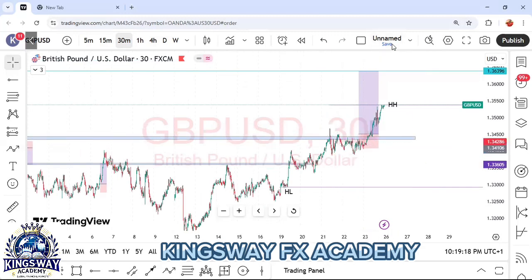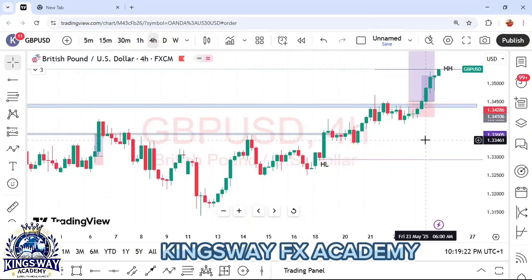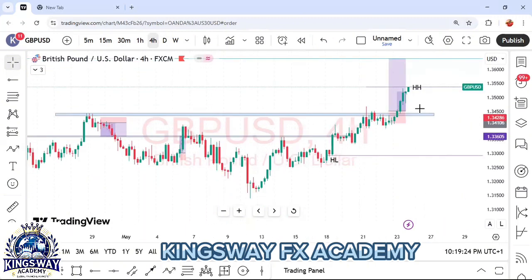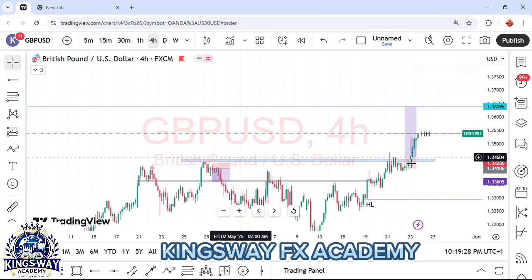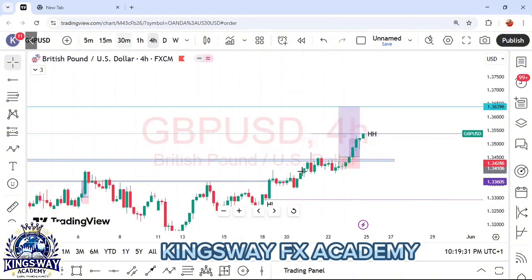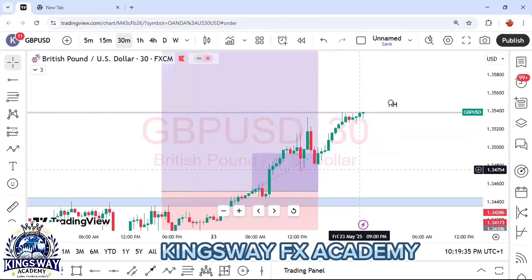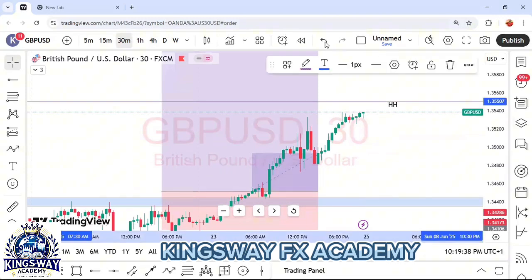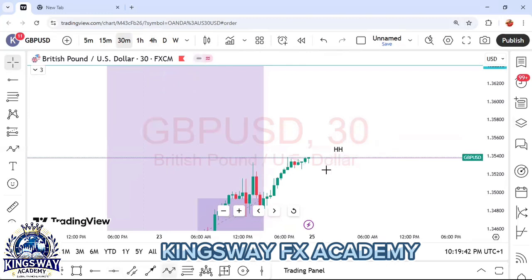So what I'll be expecting from the GBPUSD in this coming week is, because we're having a sharp movement to the upside in this level, I'll kindly wait for a place where we get a retest. So I'll wait for a break of this level, a retest of it, then a continuation to the upside.